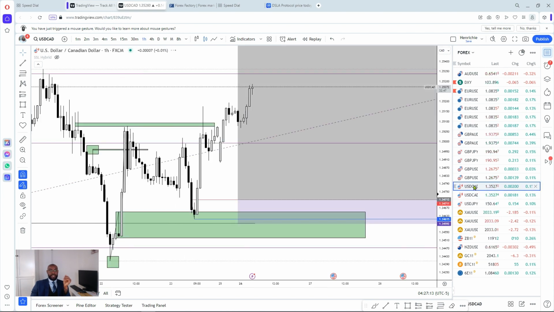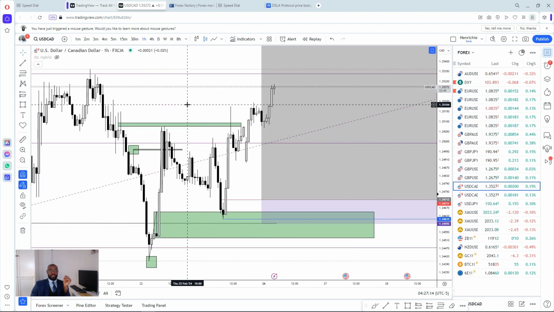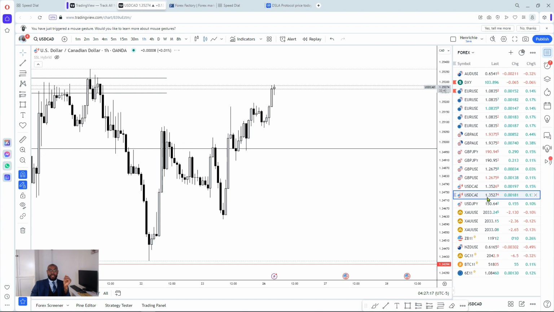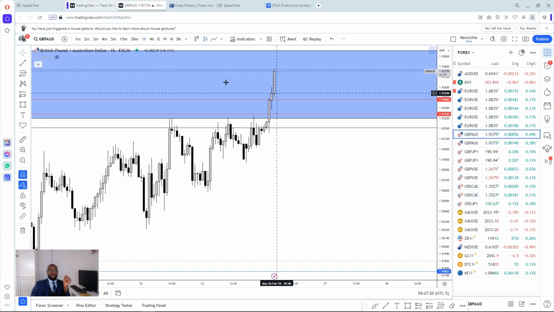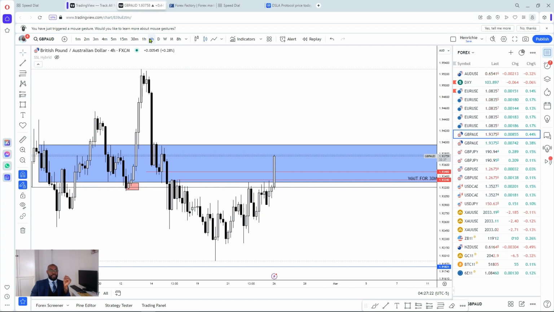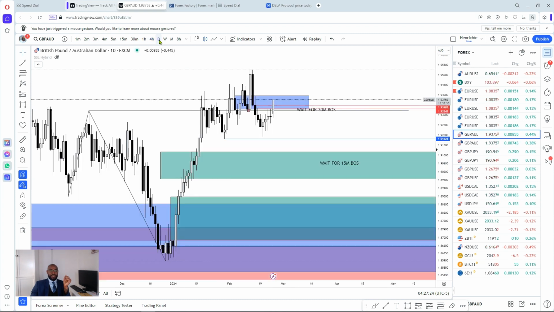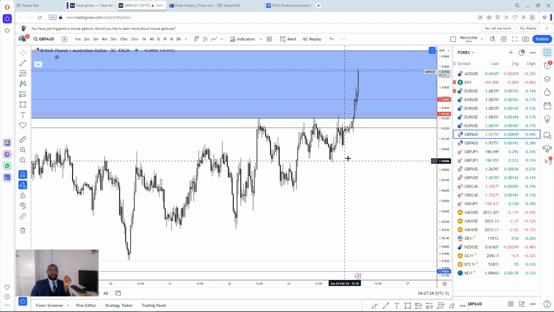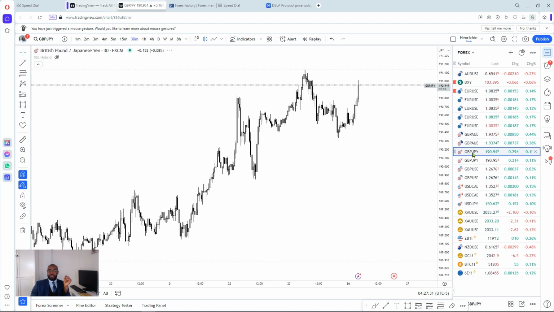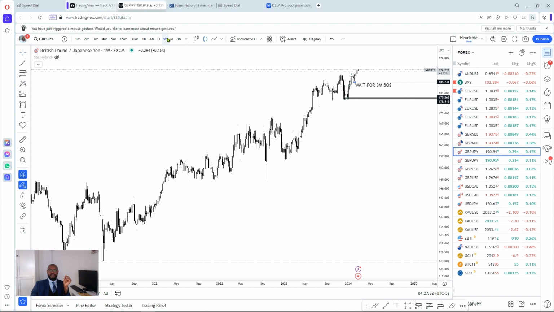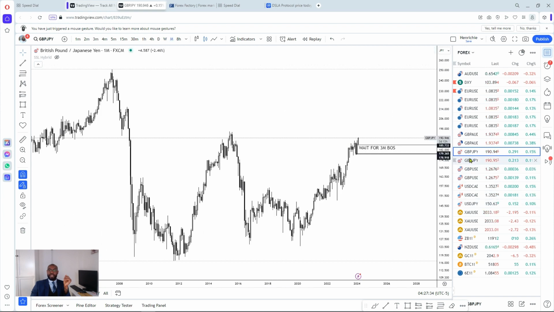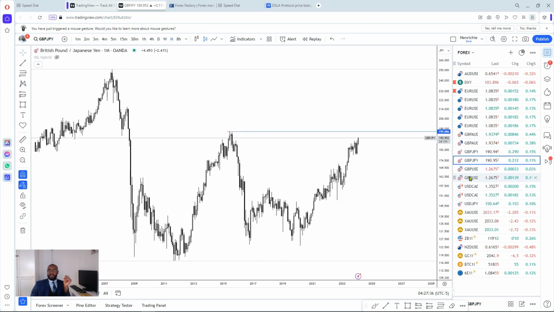We're going to look at USD CAD, key levels that I'm watching on USD CAD as well. We're going to talk about that while we also look at GBP AUD, and see areas that we're anticipating for price to come into. We can also look at GBP JPY, what price is doing.